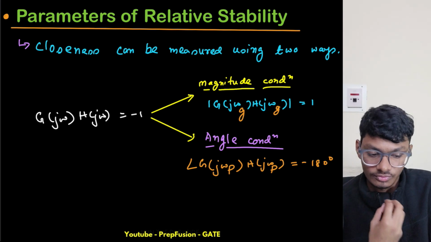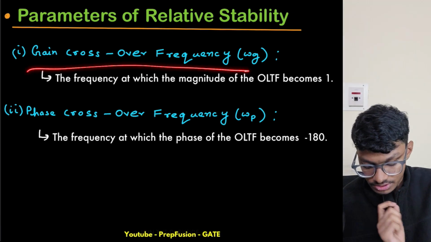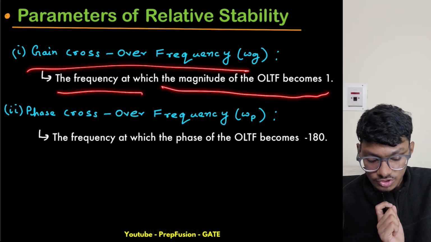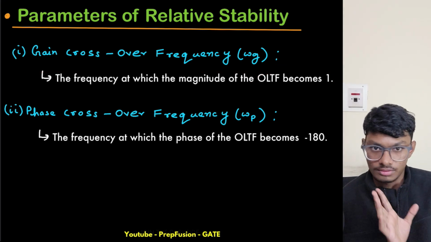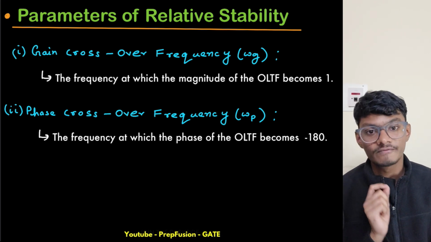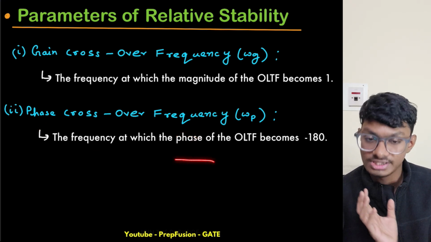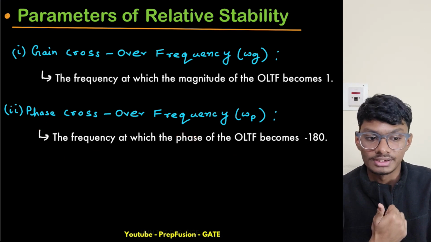We have to understand and learn these terms, so slowly we are learning them. Gain crossover frequency is the frequency at which the magnitude of my OLTF becomes 1. Simple, like the name suggests. And what is my phase crossover frequency? It is the frequency at which the phase of the OLTF becomes minus 180 degrees.